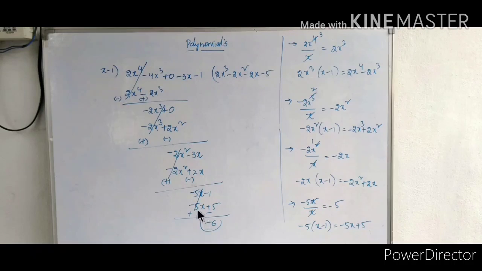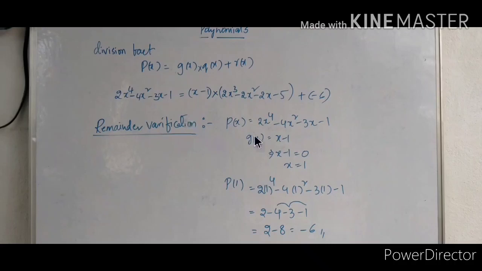So the result is minus 5x plus 5. The deduction result will be minus 6. The division is said to be complete if we get the remainder as 0 or the degree of the remainder is less than the degree of the divisor. So the degree of the remainder is less than the divisor, and the entire division process is completed.